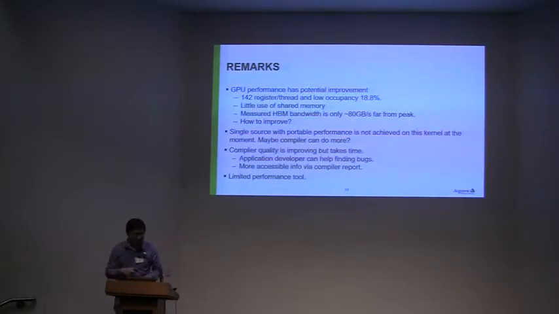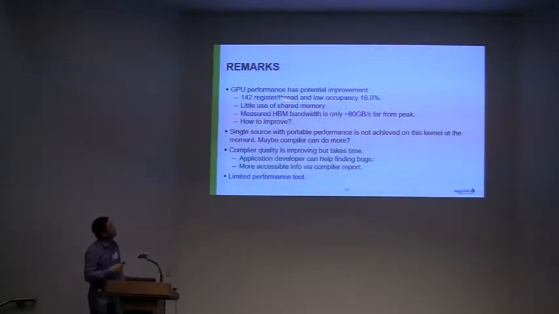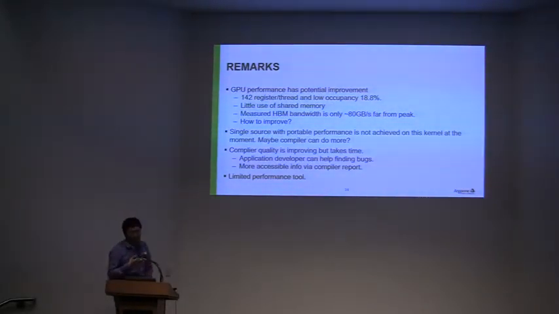So I start to look at the details of this code, especially because when you do GPU, it's really important to look at the register per thread count and also the occupancy. What I found is, unfortunately, the register count is high and occupancy is low. The CUDA kernels use about 50 registers.